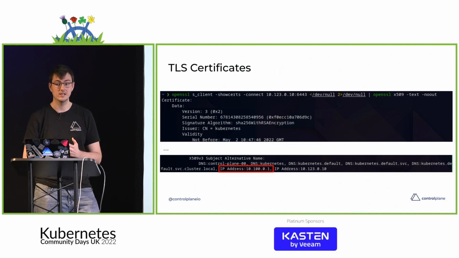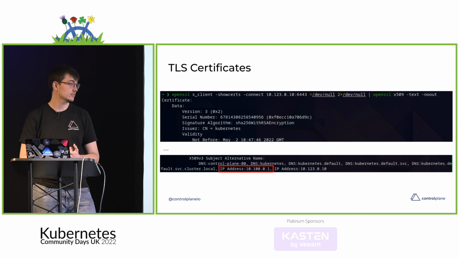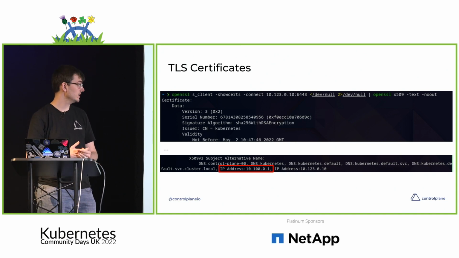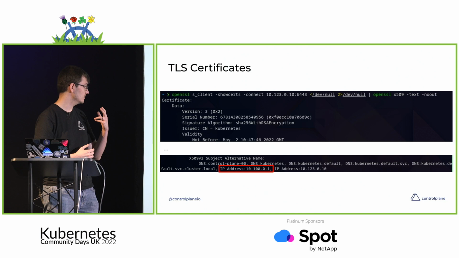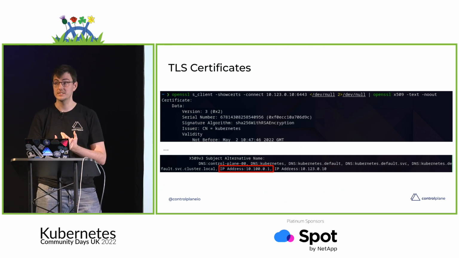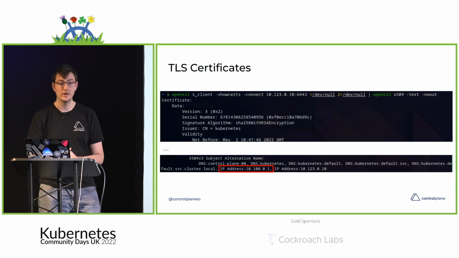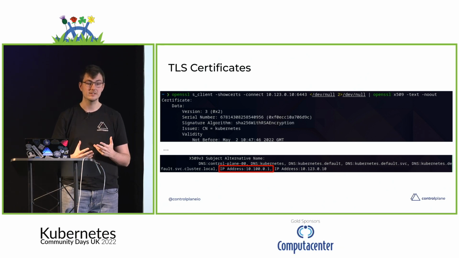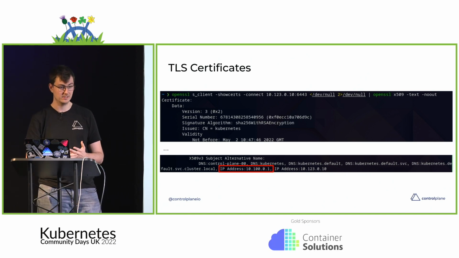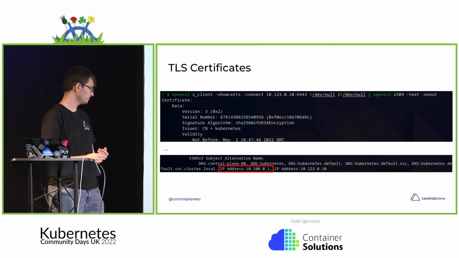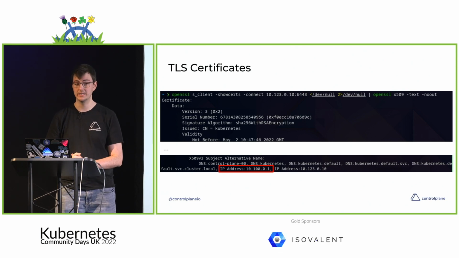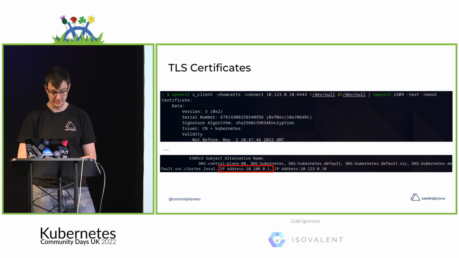And in order for the HTTPS certificate to validate correctly, the subject alt name is filled out with these extra IP addresses and DNS names. So this is a really useful way for us to find this information without being authenticated to the cluster at all. And we'll use this information a little bit later on to help inform some other attacks.